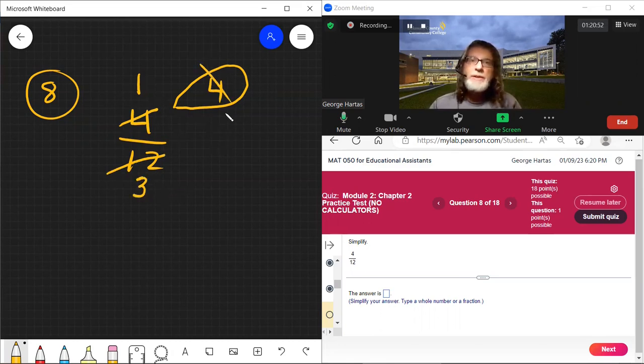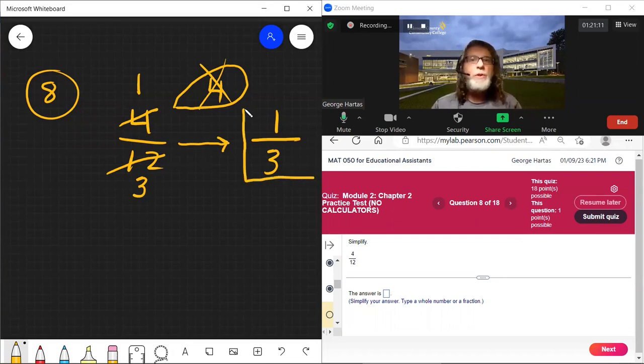Now let's cross out the thought bubble so we don't get confused and just write down what is left over. We have 1 over 3. There it is. So 4 twelfths reduces to 1/3.